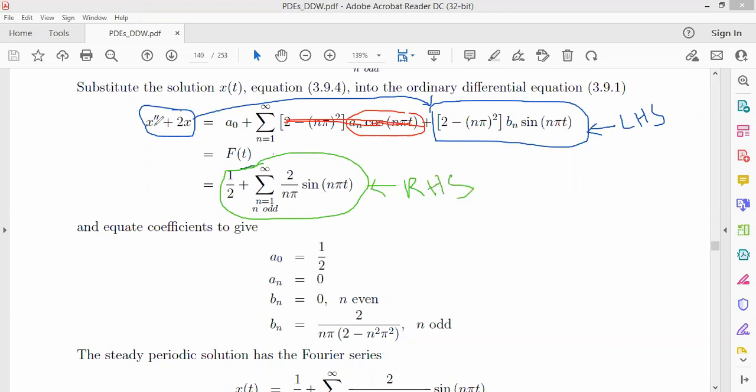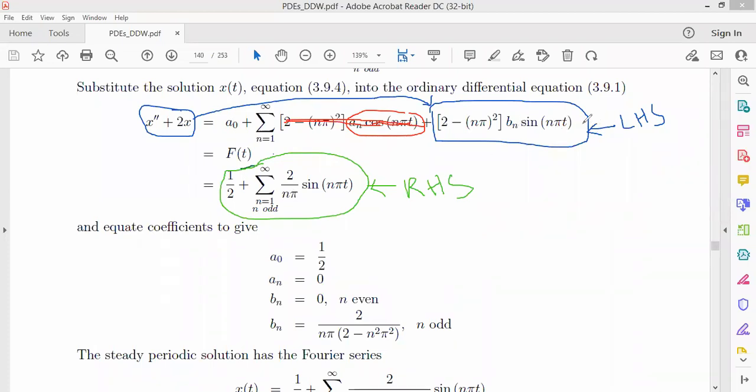Remember, we had x prime prime plus 2x, which was equal to ft, and ft was given as a full range Fourier series function. So we have our left-hand side equal to the right-hand side. And if you equate this to that, of course, we'll ignore the sum. The sum for both of these is n odd. So we will make bn the subject.